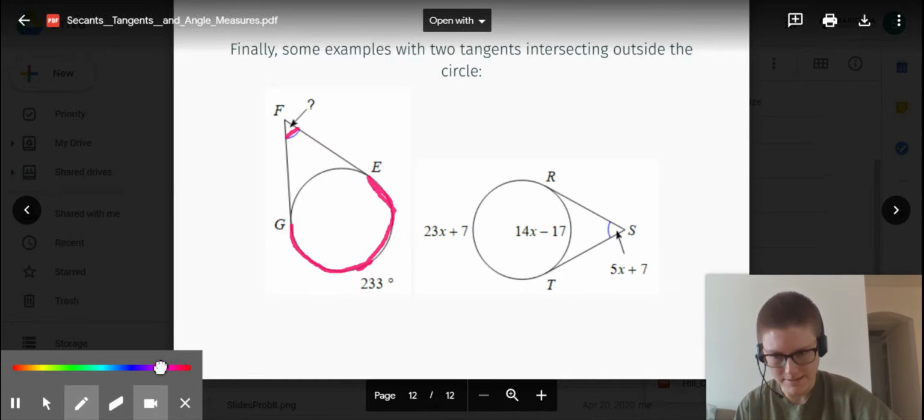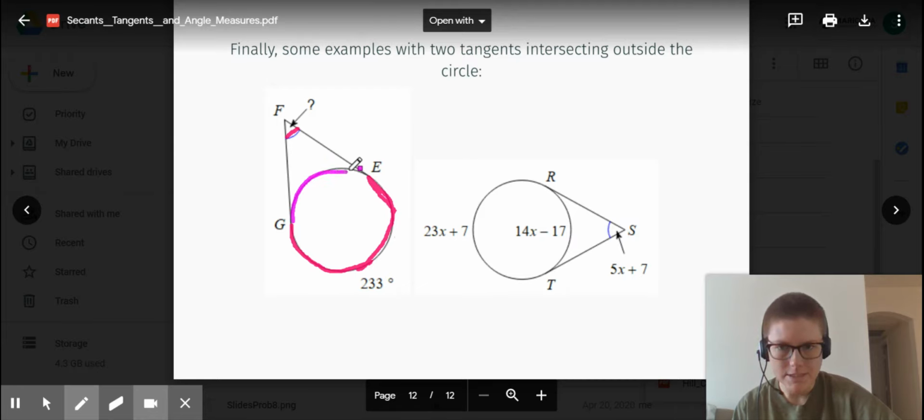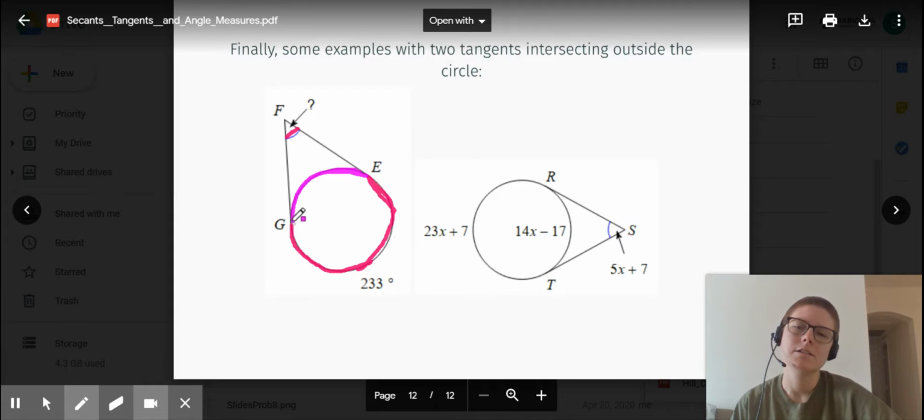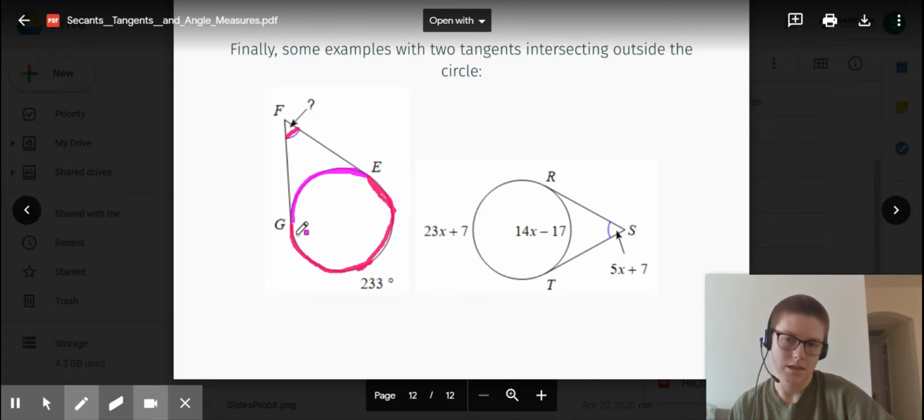Well, you see, friends, since they're 2 tangent lines, it breaks the circle into 2 arcs. So whatever this arc is, this arc plus that has to add up to 360. So this arc, we can easily figure out by doing 360 minus the darker pink, 360 minus 233, tells us it's 127 for this arc.